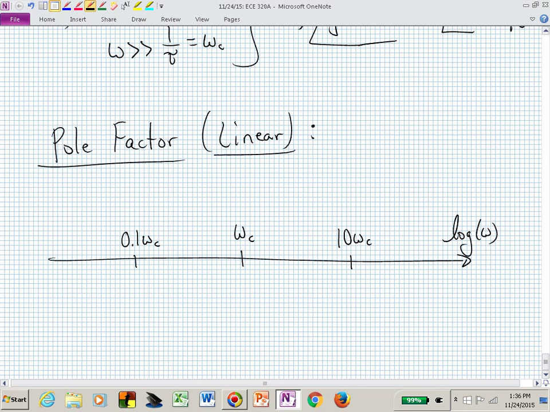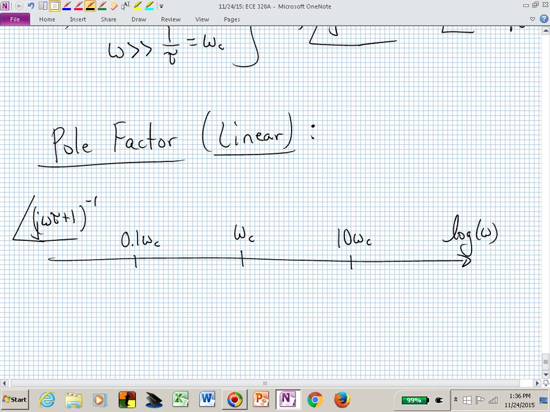What's the angle? So this is now the angle of j omega plus 1, and let's say that that's a pole factor, so it's minus 1. When omega is much less than omega c, below 0.1 omega c, what's the angle?